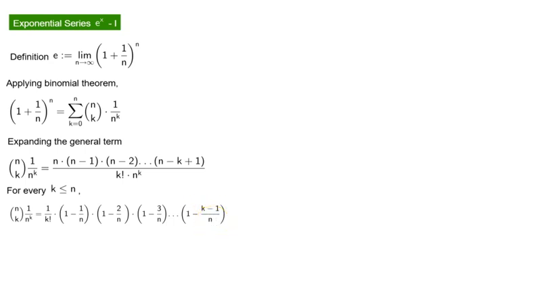So each bracket on the RHS is positive and less than or equal to 1. Which means we have found the lower bound and the upper bound. So 0 is less than or equal to n choose k times (1 by n) to the power of k, which is in turn less than or equal to 1 by k factorial.